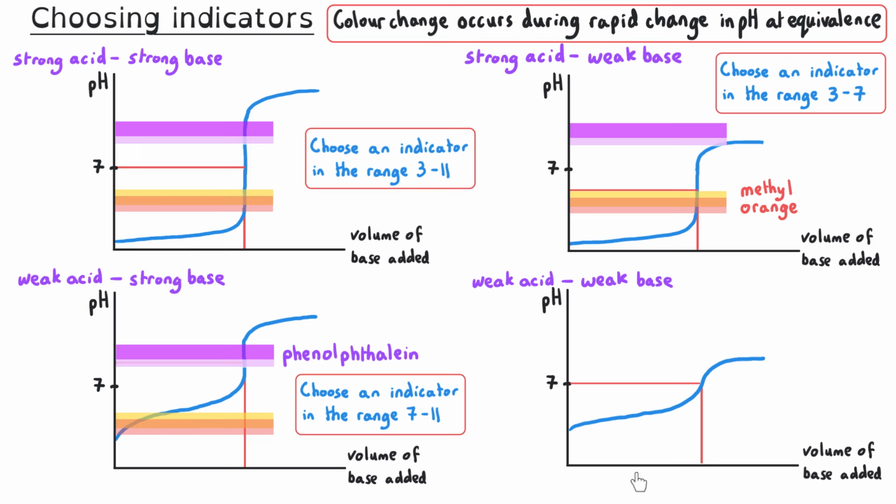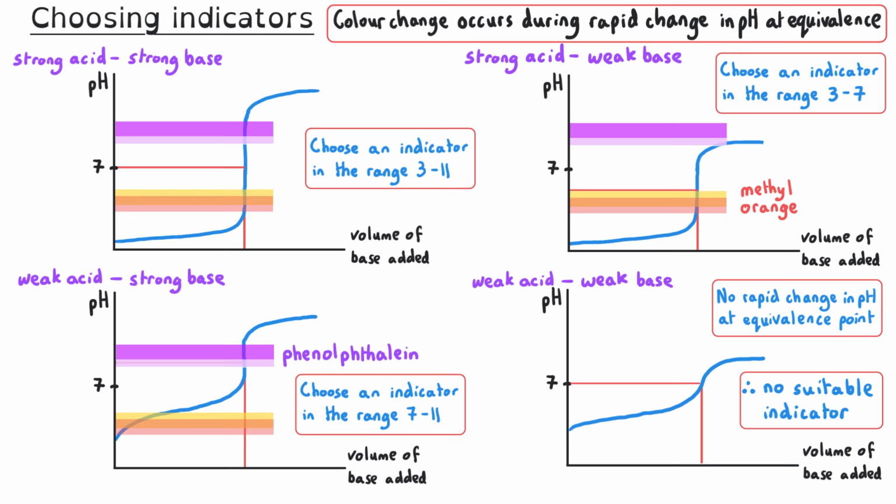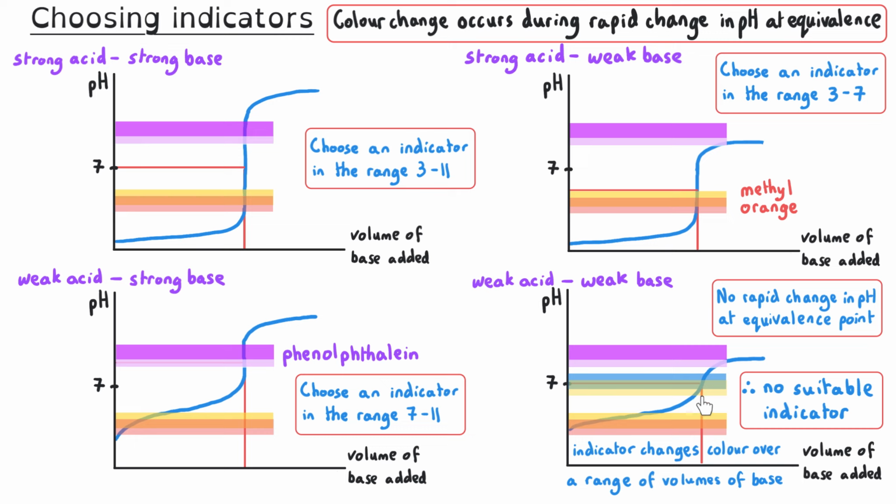For the pH curve for a weak acid, weak base, there isn't a rapid change in pH at the equivalence point, and therefore no indicator is suitable for this pH curve. You can see I'm showing phenolphthalein and methyl orange as definitely being inappropriate indicators, but even an indicator whose pKa was 7 would still not be appropriate because of that absence of a sharp, rapid change in pH at the equivalence point.